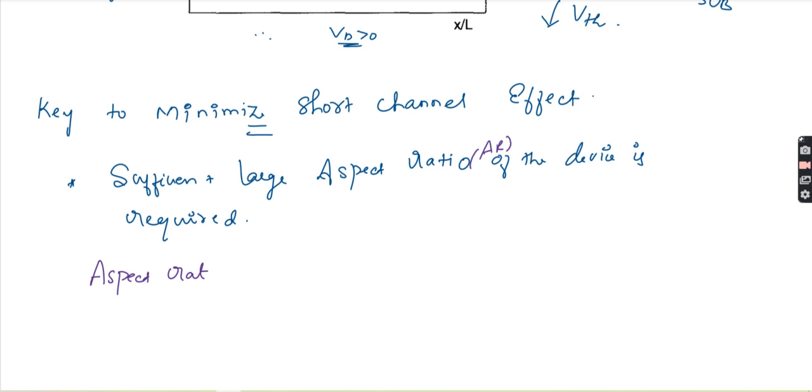What is meant by aspect ratio? The aspect ratio is the ratio of the length of the channel to the width of the channel.